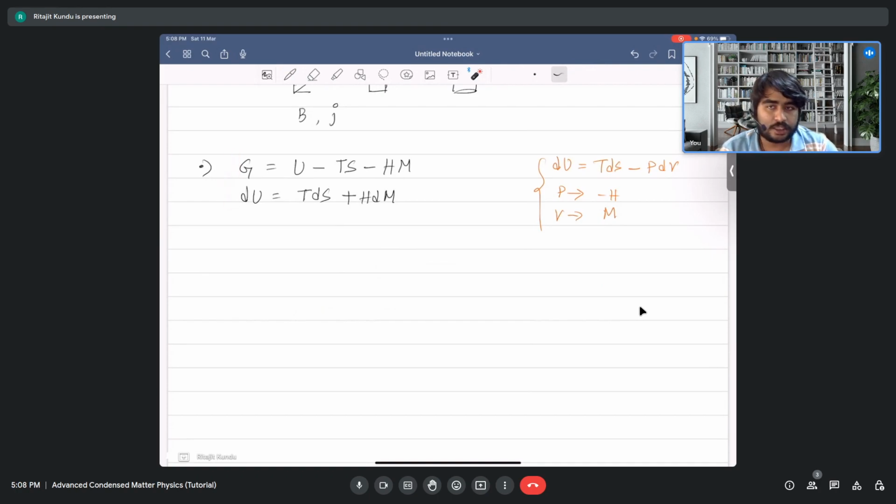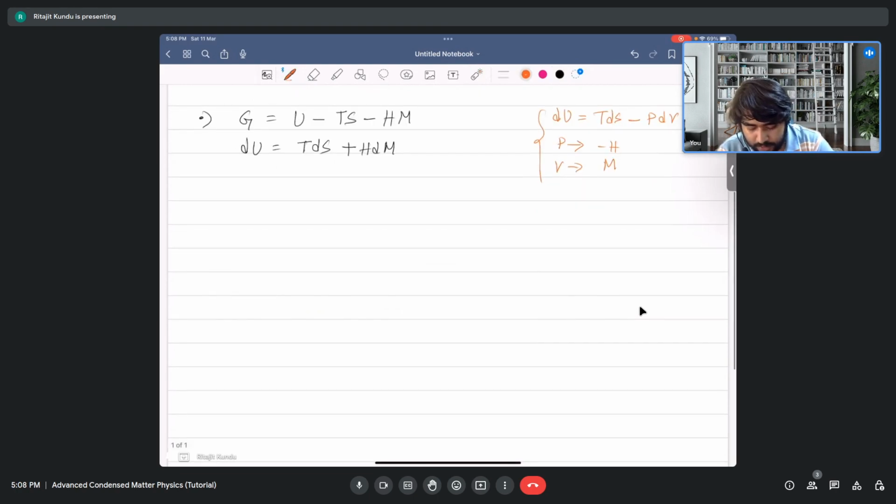These are the two key ingredients that we will use to describe thermodynamics in a superconductor. So I can calculate dG, the differential of G. It will be given by dU minus T dS minus S dT, and similarly minus H dM minus M dH. Let's call these equation 1 and equation 2.